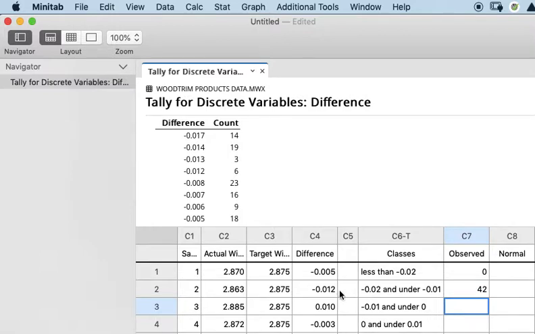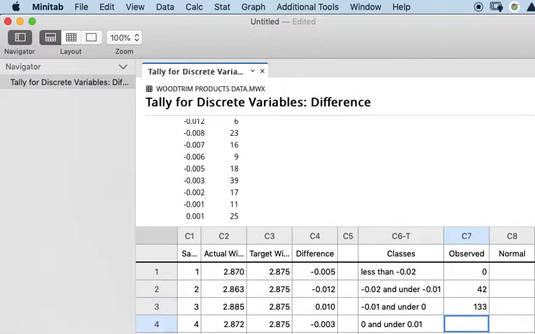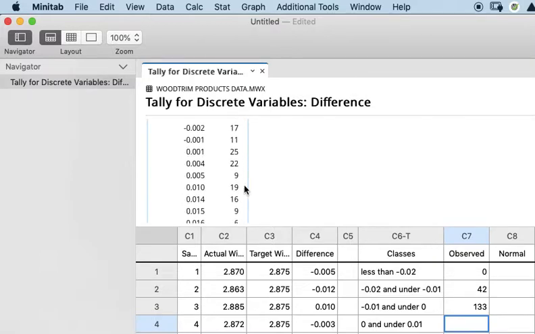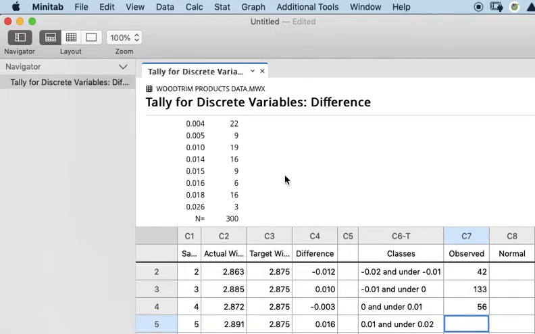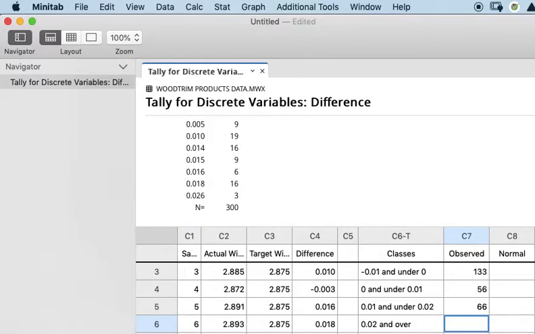Negative 0.01 and under 0, I'm going to add 23 plus 16 plus 9 plus 18 plus 39 plus 17 plus 11. That'll give me 133. And 0 and under 0.01, 25 plus 22 plus 9. 0.01 and under 0.02 would be 19 plus 16 plus 9 plus 6 plus 16, which is 66.